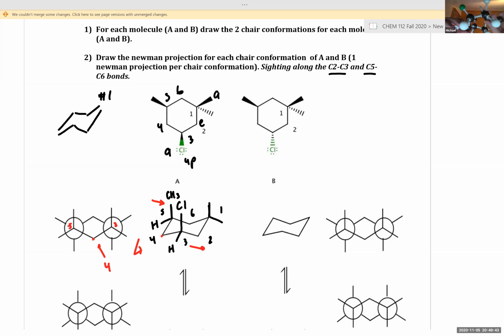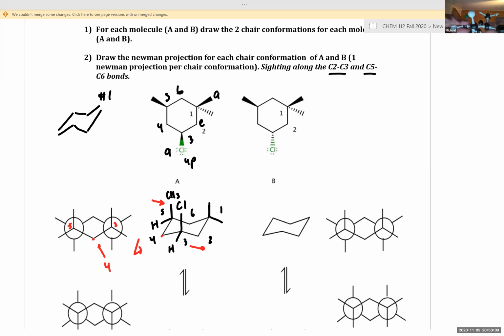Okay, so let's take a look at this model. At carbon 1, we have our 2 methyl groups. At carbon 3, we have our chloride. And at carbon 5, we have our methyl group.